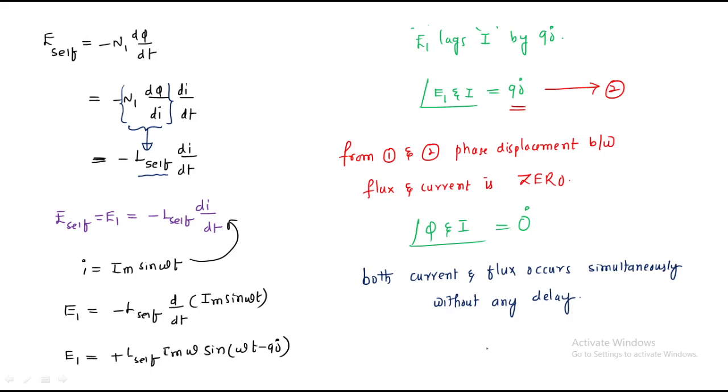Okay. Next, the current through the coil lags the voltage by 90 degrees. We all know that because a transformer is an inductive circuit.